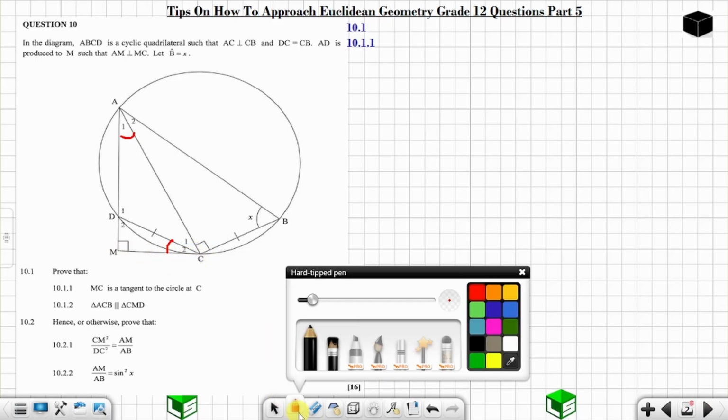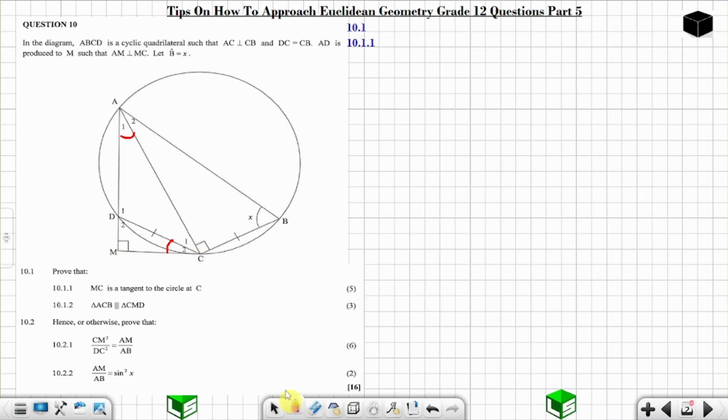So if this angle is equal to the angle in the alternate segment, from the chord AC, you have this angle in the alternate segment.